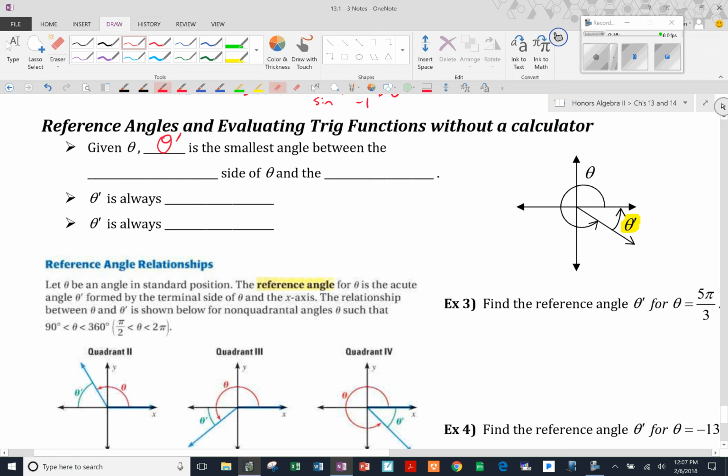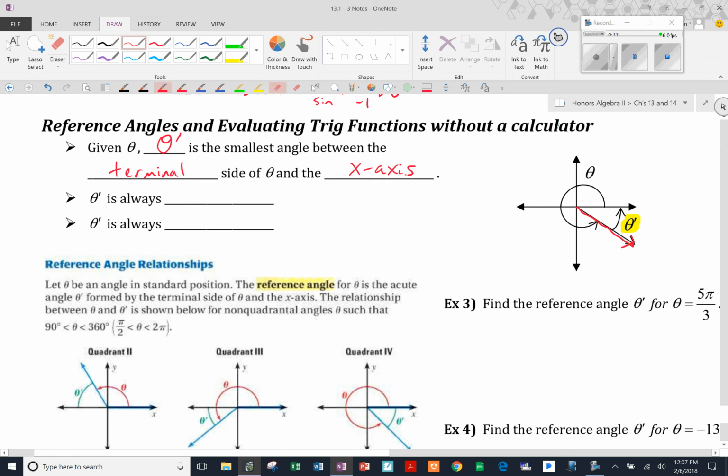Okay, theta prime. Given theta, theta prime is the smallest angle between the terminal side of theta, so in this case, the terminal side of theta is right there, and the x-axis. Okay?